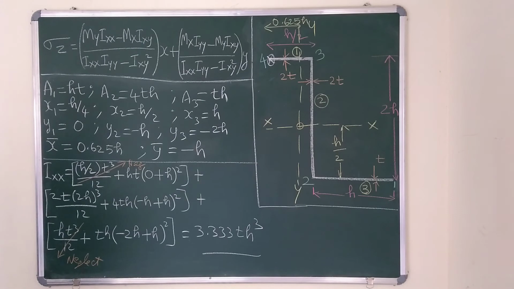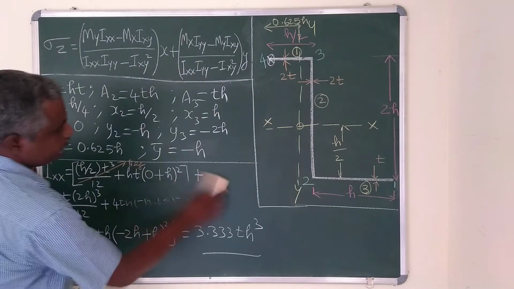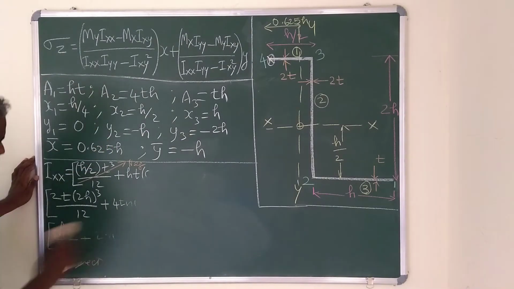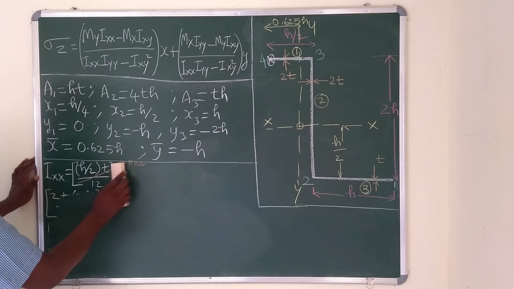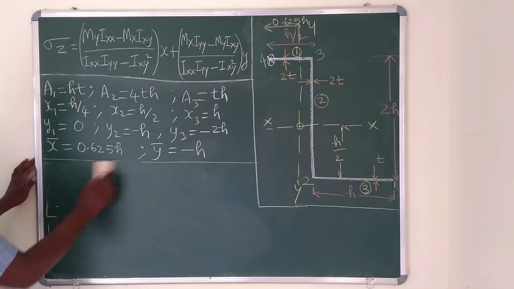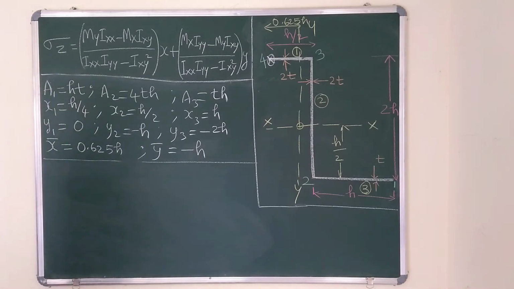Any doubt? Okay, I proceed with this. Iyy. The Iyy formula is db cube by 12 plus area into (x minus x bar) the whole square.